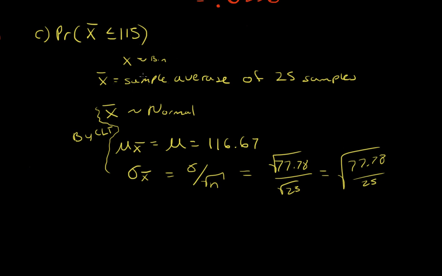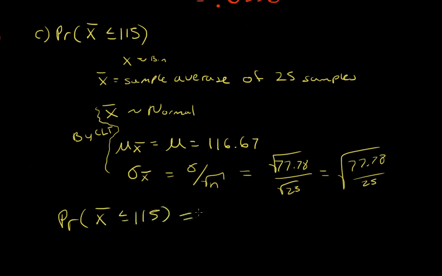If you average over 25 different trials, your average could be 119.5. So no need for continuity correction.